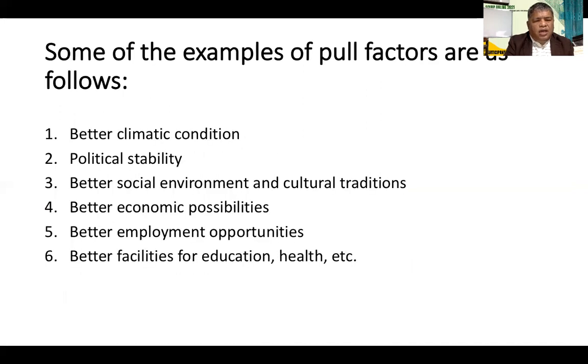And then the pull factors are better climatic conditions, political stability, better social environment and cultural traditions, better economic possibilities, better employment opportunities, and better facilities for education, health, etc.